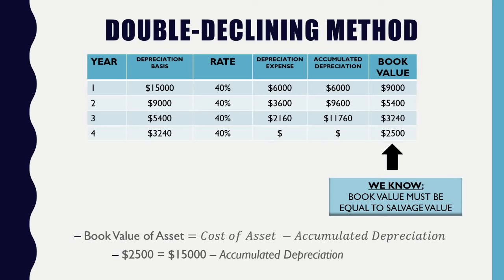And I know for a fact that my asset originally cost me 15,000. So all I have to do is solve for the missing number. How do I get from $15,000 minus the X factor? How much do I need to take away in order to equal 2,500?